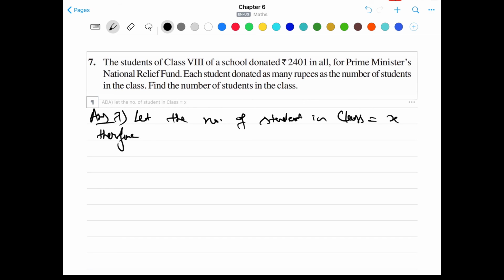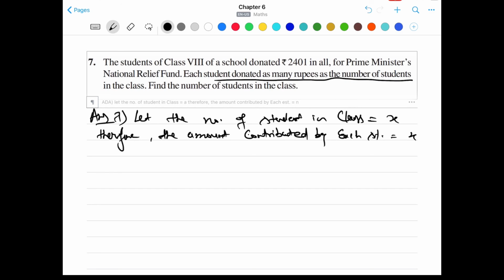Therefore the amount contributed by each student is also equal to x, as the question says each student donated as many rupees as the number of students in the class.